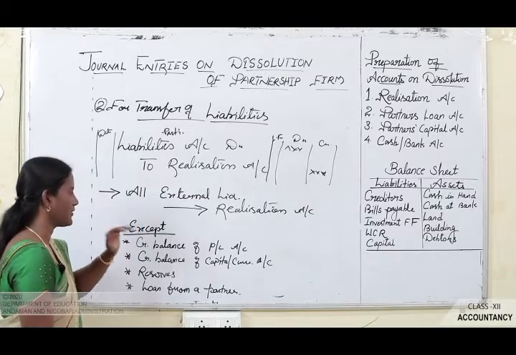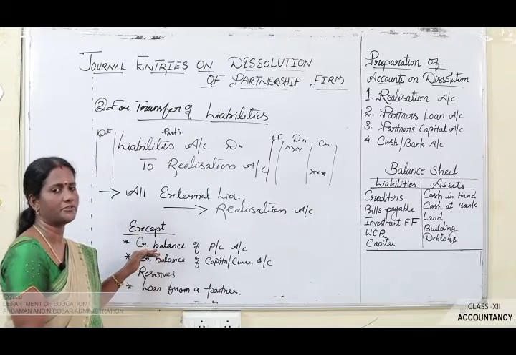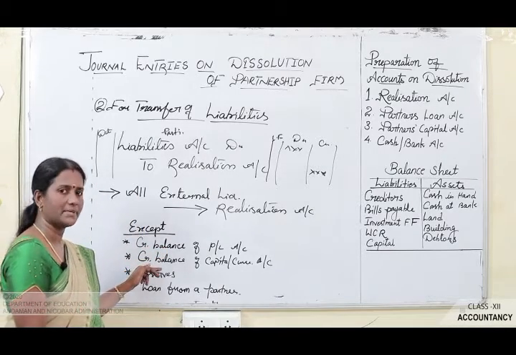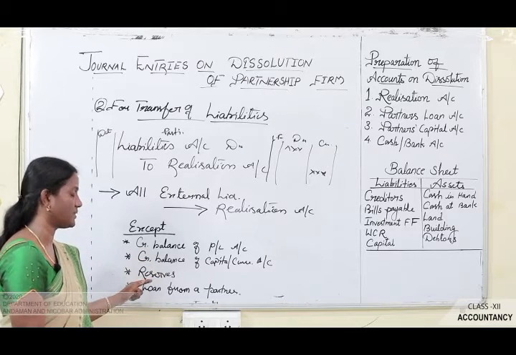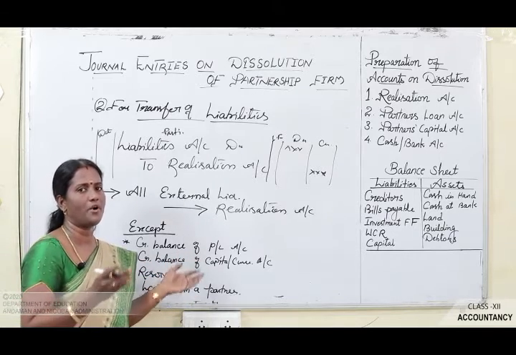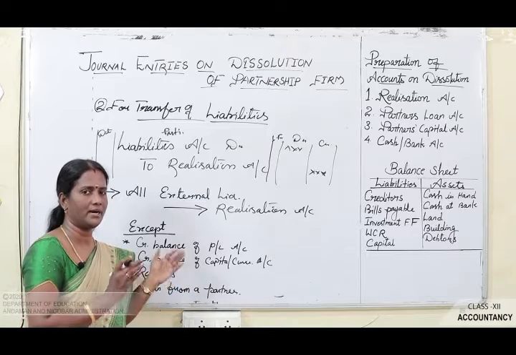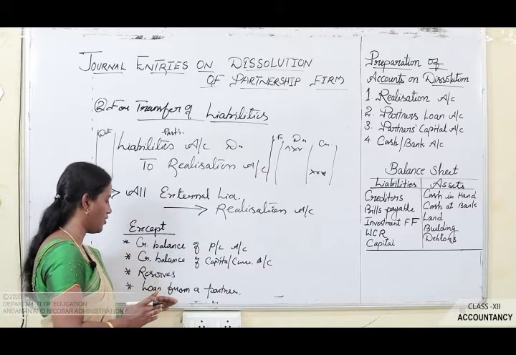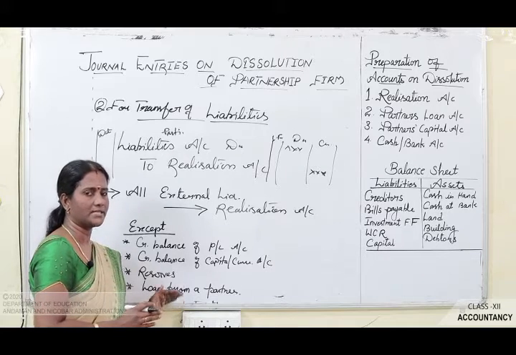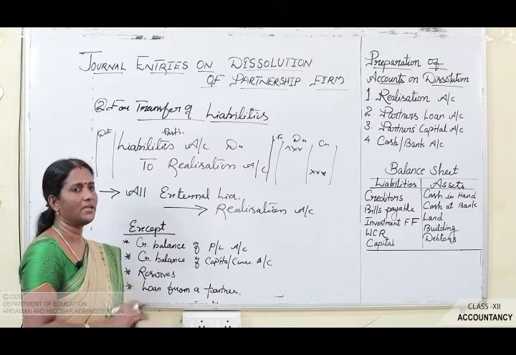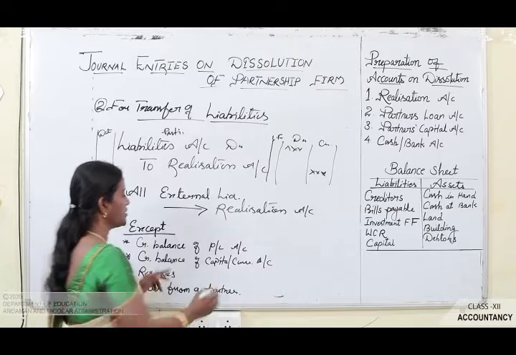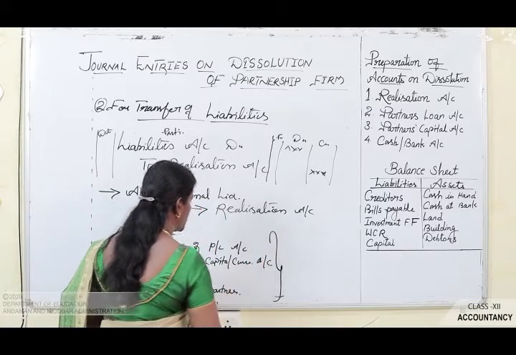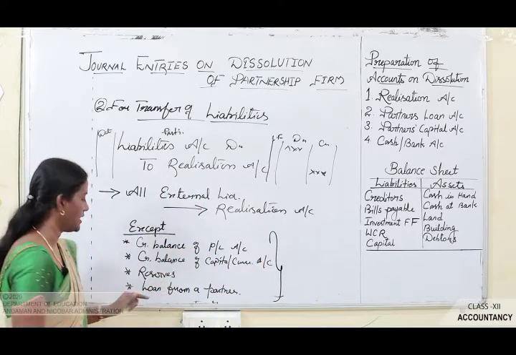You have to see, if credit balance of profit and loss account is there, you should not transfer that. Credit balance of capital or current account is there, you should not transfer that. If reserve is there, the amount set aside as a reserve is there, even that amount won't be transferred to realization account. Loan from a partner, if you have taken a loan from a partner, that also will not be transferred to realization account. Okay, so all these will be transferred to partners capital account.